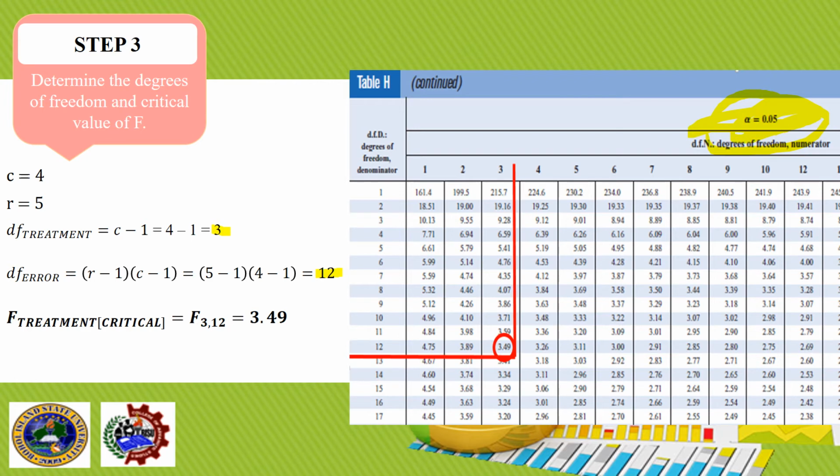Our degrees of freedom for treatment will be our numerator, and the degrees of freedom for error will be the denominator. So locate first the 3, and then locate our 12. 3 and 12 intersect at 3.49. Therefore, our critical F value for treatment is equal to 3.49.